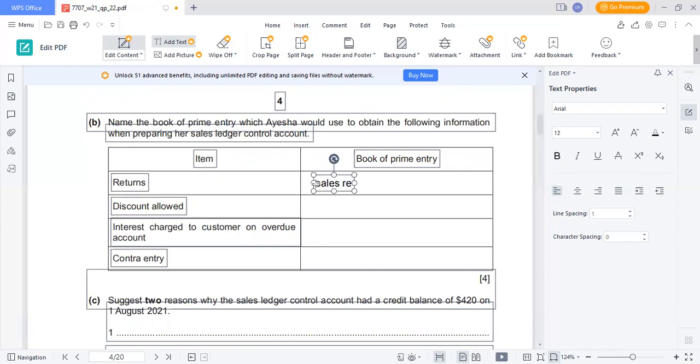There are 6 books of prime entry: sales journal, sales return journal, purchases journal, purchase return journal, general journal, and cash book. Cash book is a ledger, and cash book is a journal entry or prime entry as well. So sales return journal.